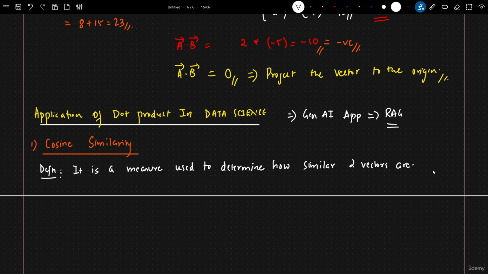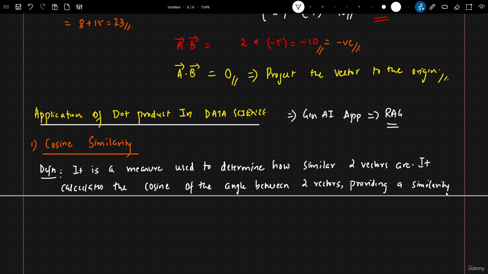Okay, it is basically used to determine how similar two vectors are, and this calculates the cosine of the angle between two vectors, providing a similarity score that ranges from -1.